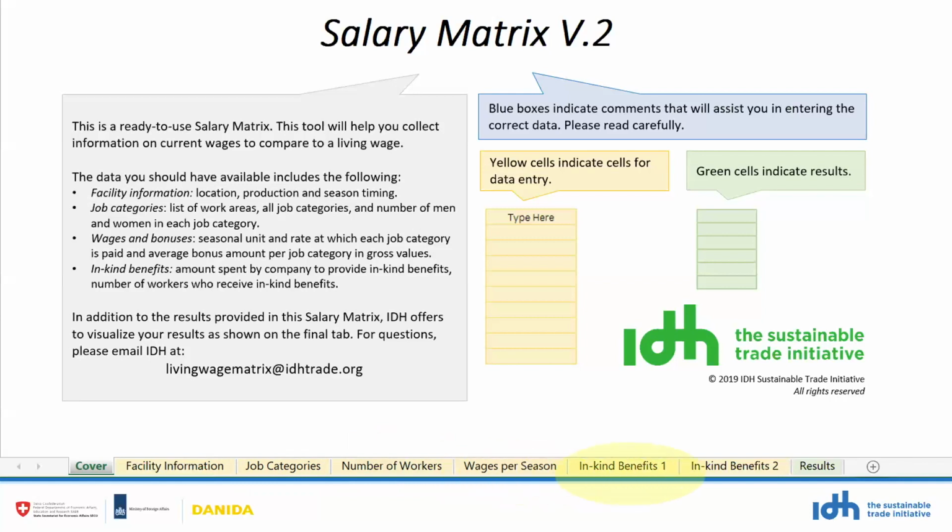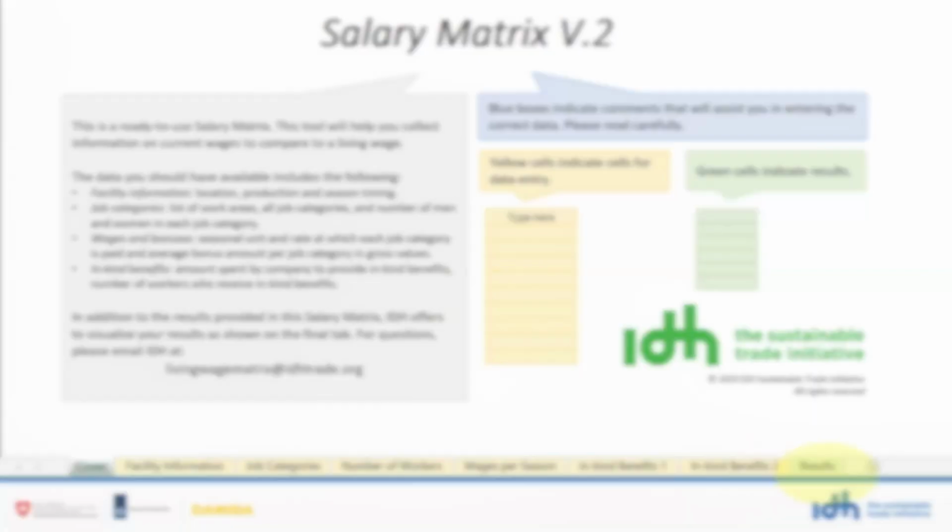On the next tab, you can enter all of the information about which in-kind benefits are provided and the cost for the employer to provide such benefits. In the final tab for data entry, in-kind benefits 2, you can select which job categories receive which in-kind benefits. Finally, the last tab will show you the results.